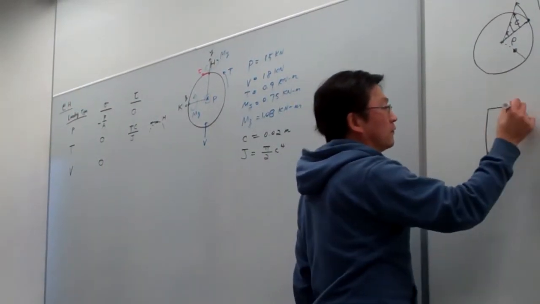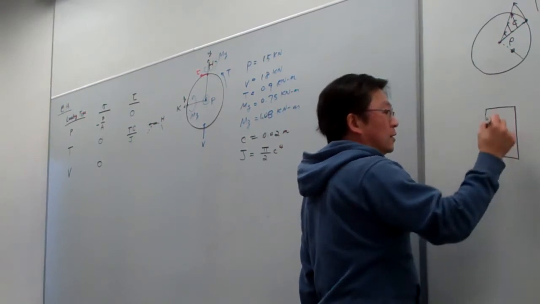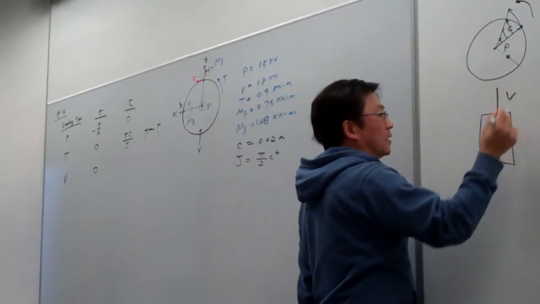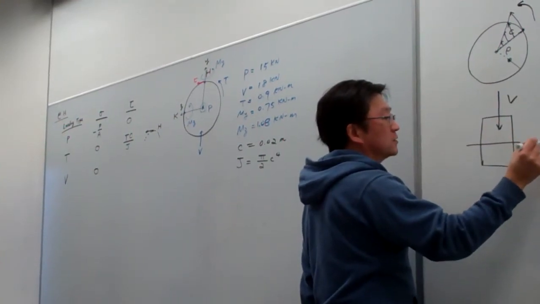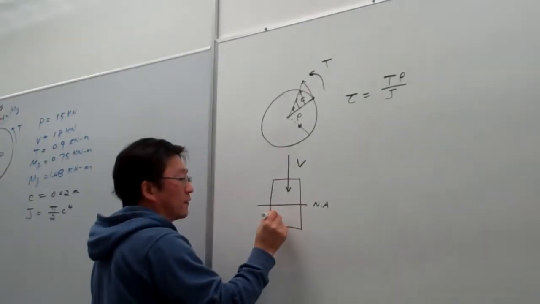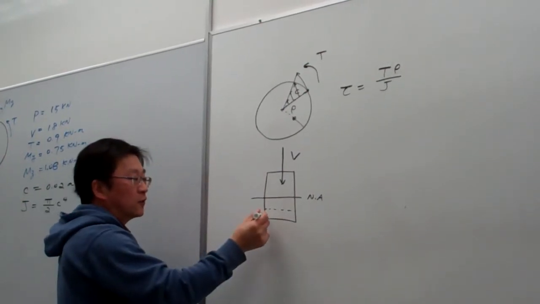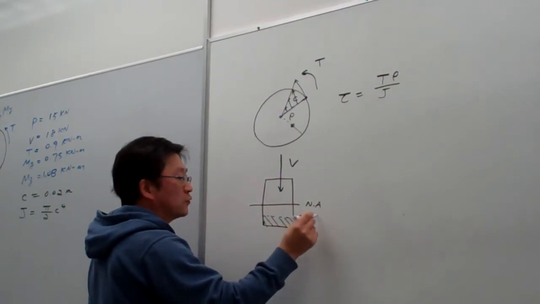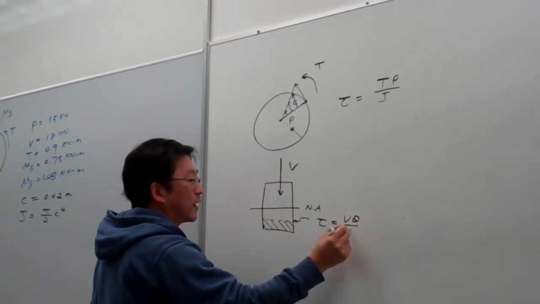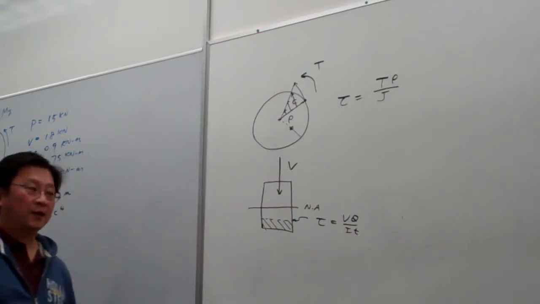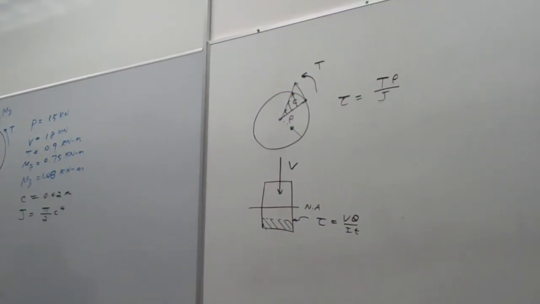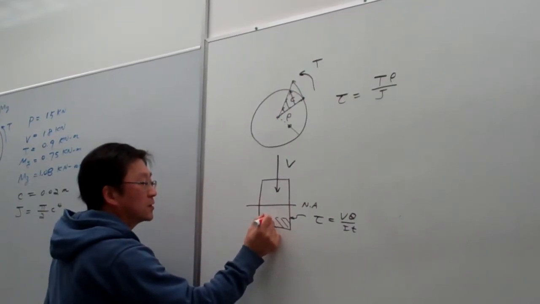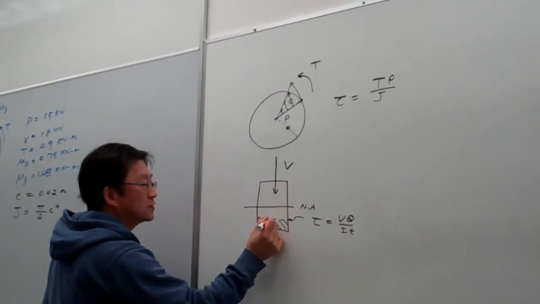In our chapter 4, if this is the transverse loading, and this is the neutral axis, along this cut we know that tau will be equal to VQ over IT, right? And we know for this case, the direction of the shear stress along this cut will be the same as the direction of the transverse loading.